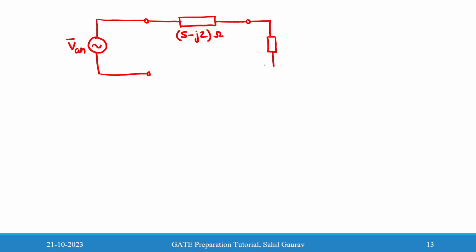Per phase load impedance is 10 plus J8 ohm. I have taken source A and neutral point N for the source, and you can take capital A and N from the figure. So this is the per phase equivalent circuit, the single phase equivalent circuit.